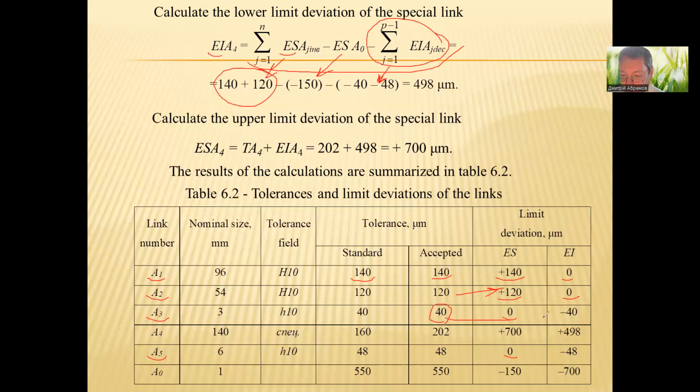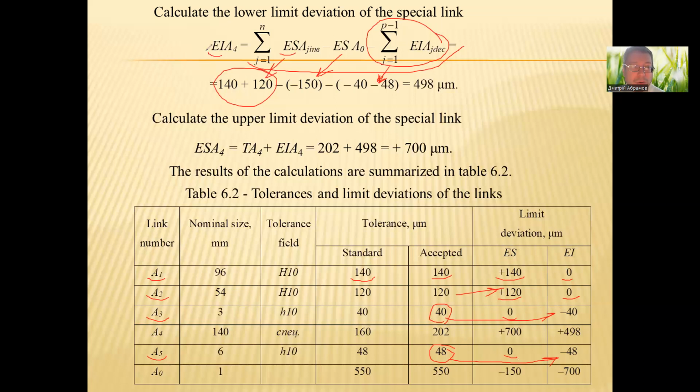So 40 will be minus 40. 48 will be lower limit deviation, equal minus 48. So we know all ES and EI for all links except special link A4.